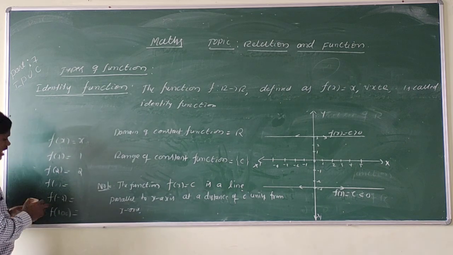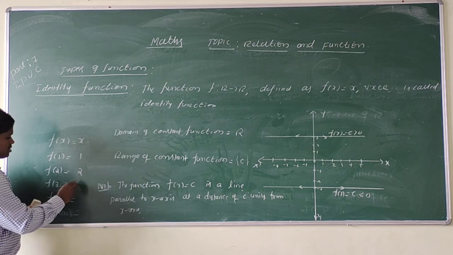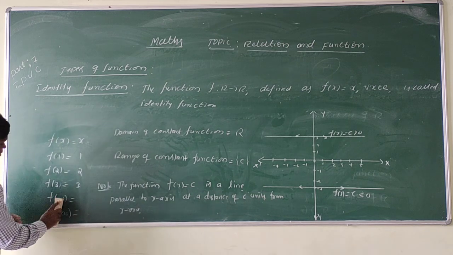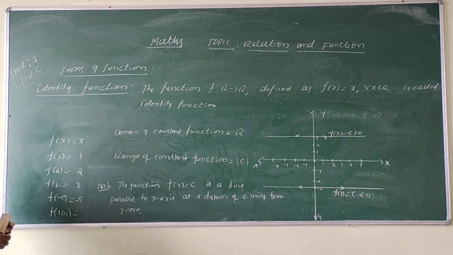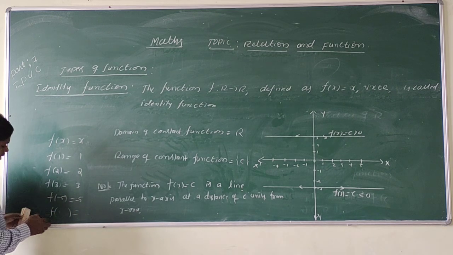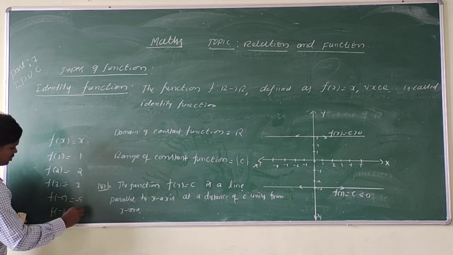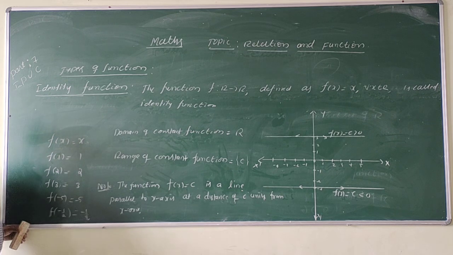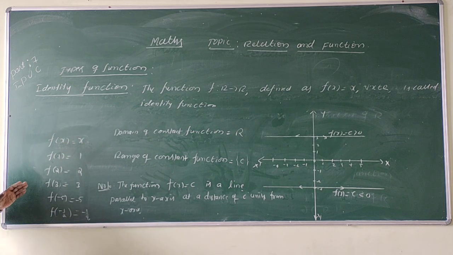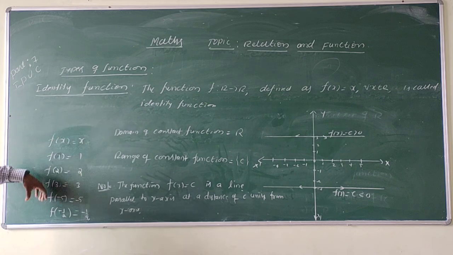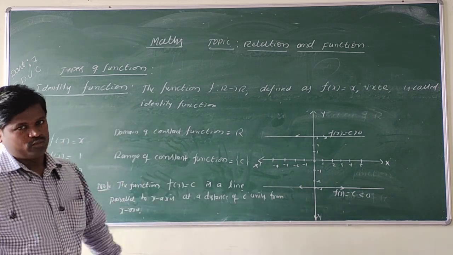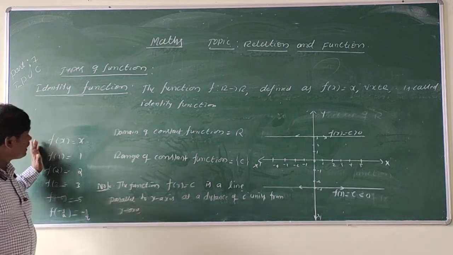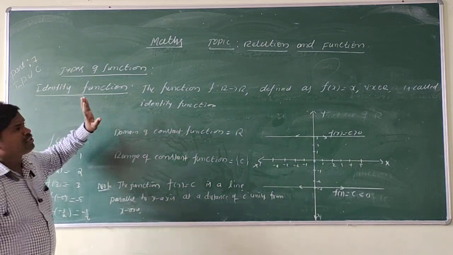If x equal to 3, then we get 3. Suppose minus 5, then the output is also minus 5. Taking minus 1 by 2, the output is also minus 1 by 2. Whatever value is given to the input, the same value is the output. So that is called the identity function.